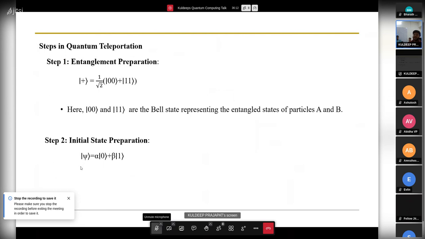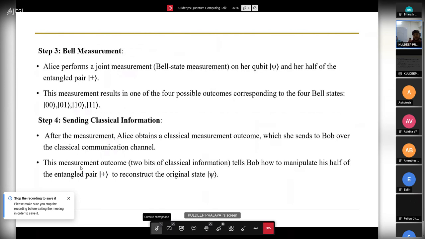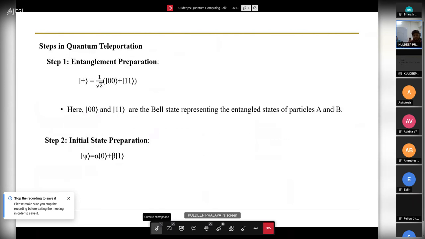That is our psi, which is unknown to Alice and Bob, that we want to share. Our unknown state psi gets encoded in the entangled state and will be shared to Bob.